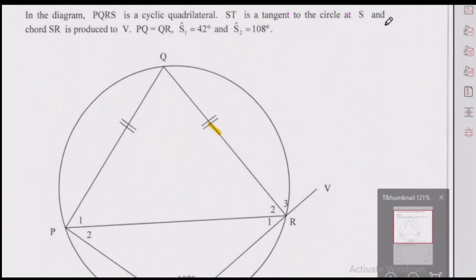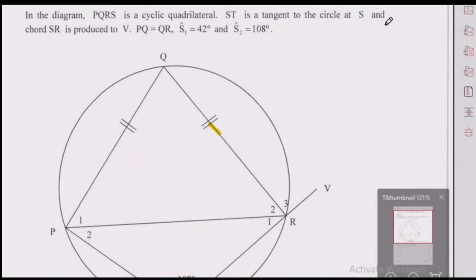So as we've been discussing, Euclidean geometry, that part is question number 8. Now question number 8 says, in the diagram PQRS is a cyclic quadrilateral, so that's given. You don't need to prove it. ST is a tangent. So I'm going to just highlight what is very important.